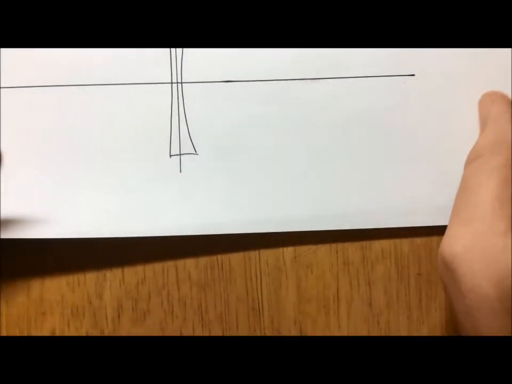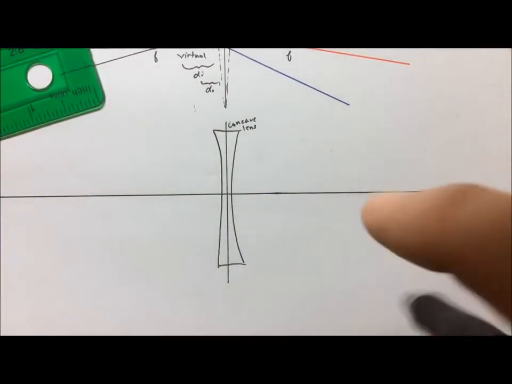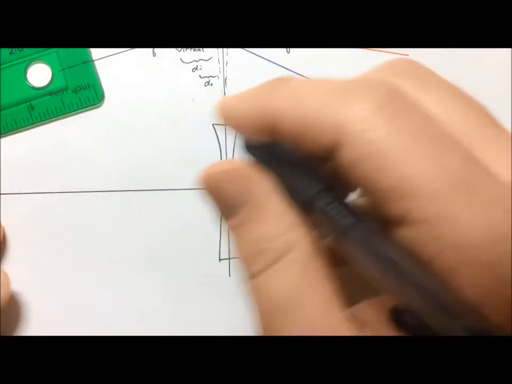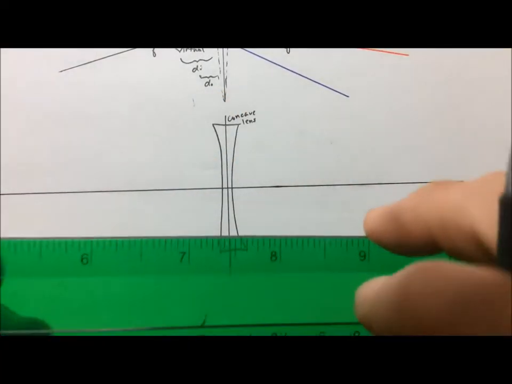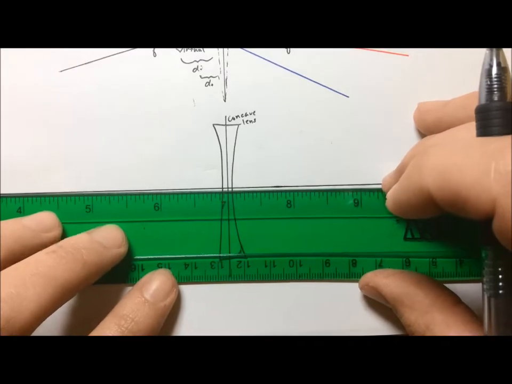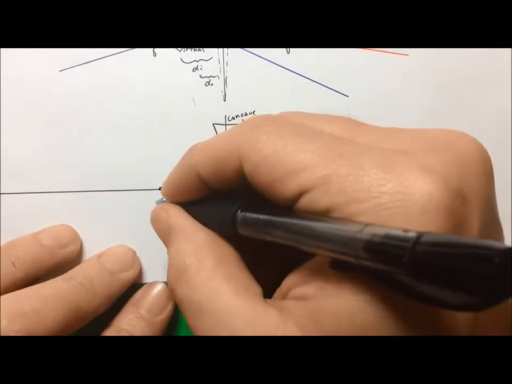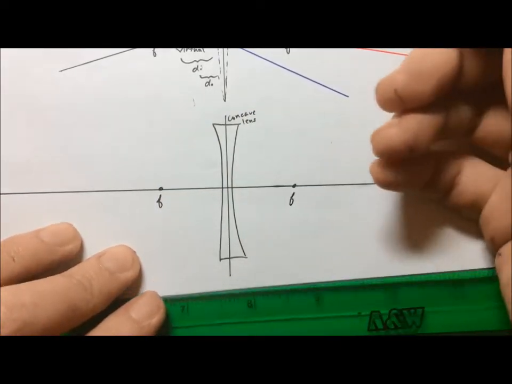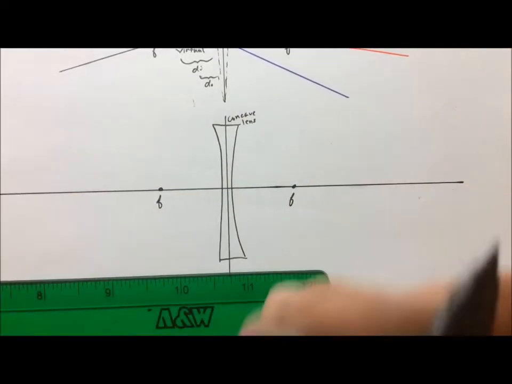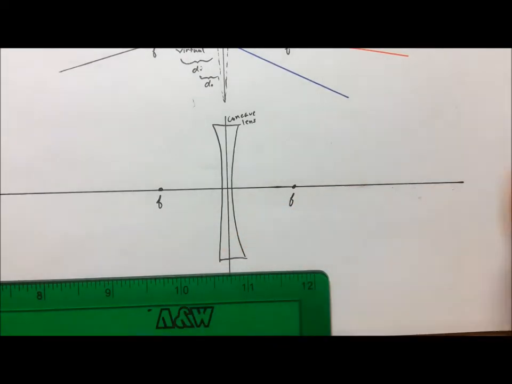Last one's going to be this concave lens here, and this is kind of the weird one of the bunch because you don't use concave lenses too often. But concave lenses will have a focal point on either side. There you go. Focal points on lenses exist on either side. Light goes through. You can flip the lens around. It should go through the exact same way the other way.